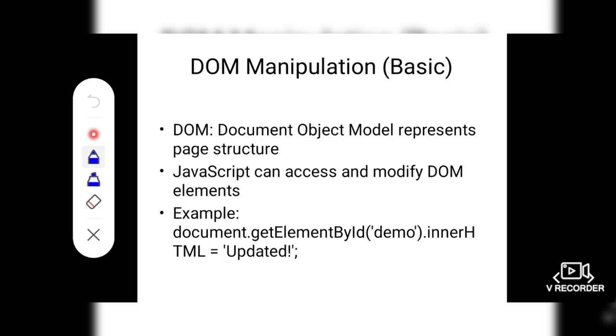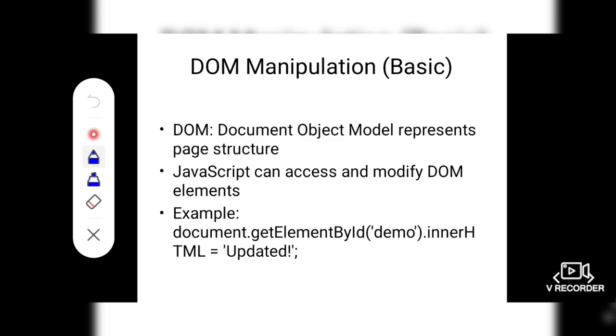DOM, document object model, represents the structure of an HTML document as a tree of objects. JavaScript can use this DOM to access and change the content, structure or styles of web pages. Some basic DOM manipulation tasks we have are accessing elements, changing the content, changing styles, creating and adding elements, removing elements, and event handling.